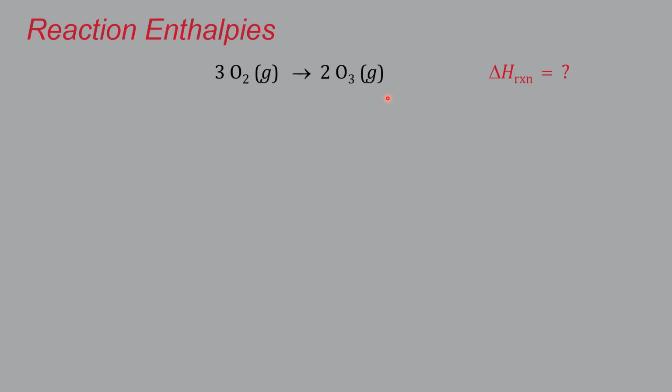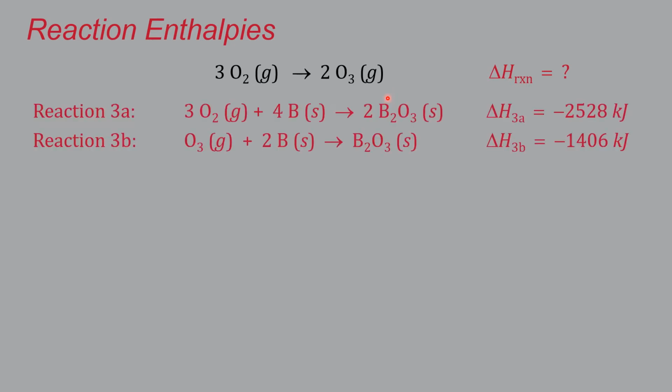Now it turns out that for some reactions, getting a delta H experimentally and directly can be notoriously difficult. So sometimes you can get at it in a roundabout way. I would give you this information right here. Calling this reaction 3A: 3 moles of oxygen reacts with 4 moles of solid boron to give us 2 moles of B2O3, diboron trioxide, if you remember your naming rules.